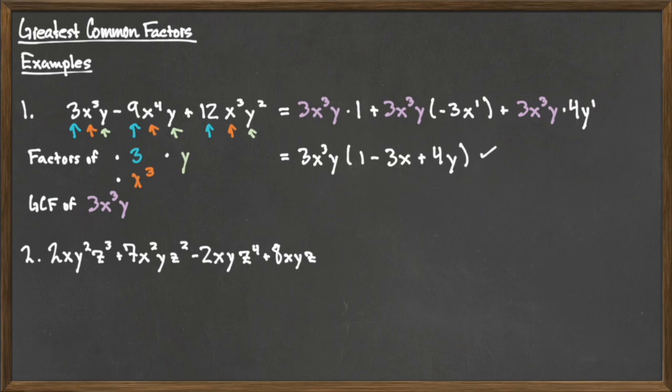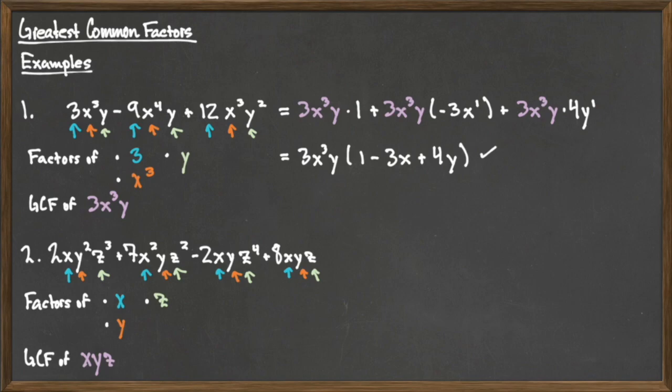In terms of numbers, it doesn't look like I have a common number, because 7 is an odd number, and even though I have a factor of 2 in the 3 remaining terms, I can't say that 2 is a common factor. So we can conclude that at least one copy of x, y, and z is present in every term, so I have a GCF of xyz.